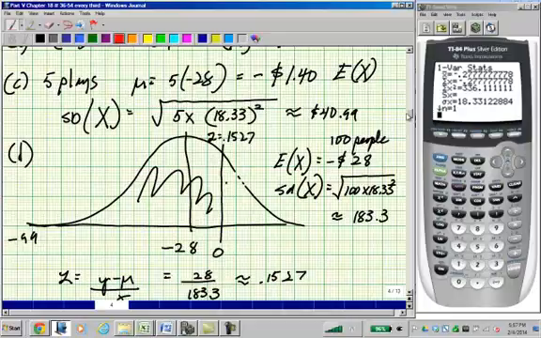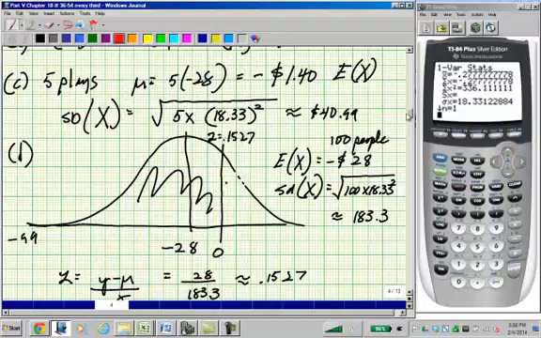Standard deviation is the square root of 5 times the variance, which is $18.33 squared. And so the standard deviation for 5 plays is approximately $40.99.